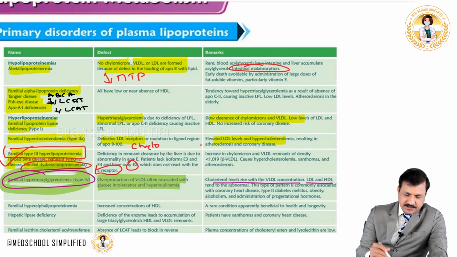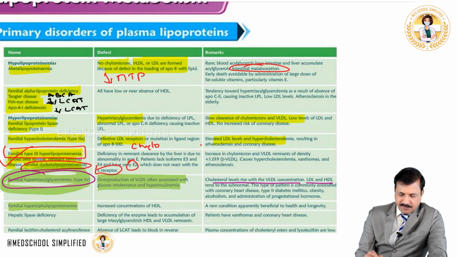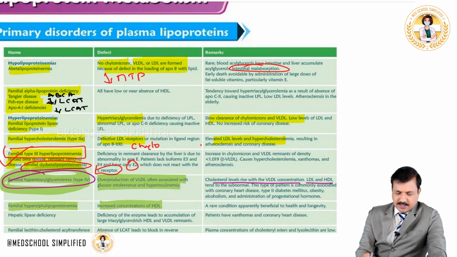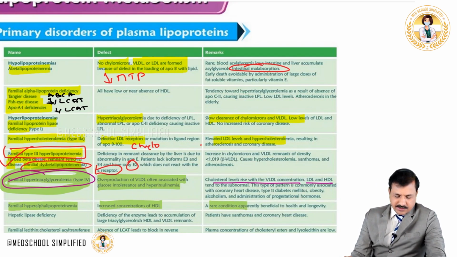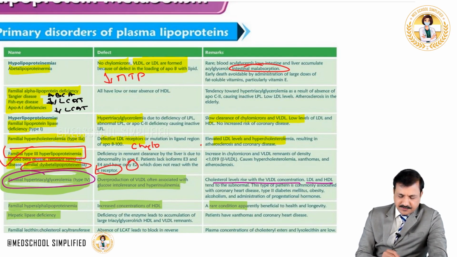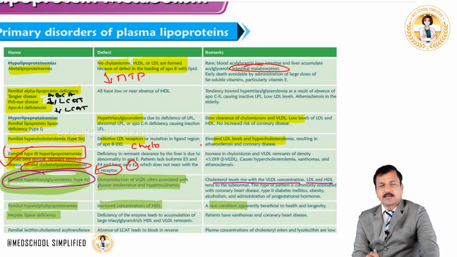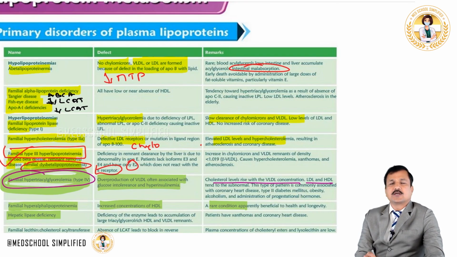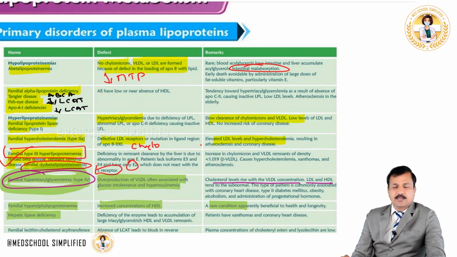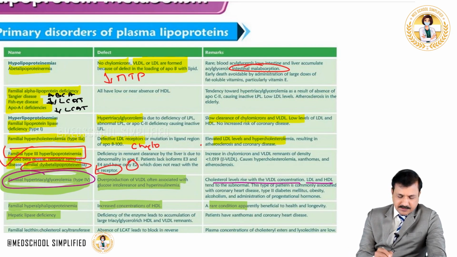And then the other disease mentioned here is familial hyperalpha lipoproteinemia, where there is an increase in HDL concentration. It's a very rare condition, although it is a beneficial thing for health and longevity. Hepatic lipase deficiency can be seen, where there will be a decrease in the activity of hepatic lipase, leading to accumulation of triacylglycerol rich HDL2 molecules, and also IDLs are not undergoing metabolism.